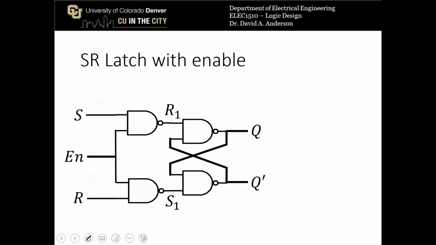Now R1 is the output of a NAND gate with inputs S and enable, so it has the function (S enable)prime. S sub 1 is the output of a NAND gate with inputs R and enable, so it has the function (R enable)prime.